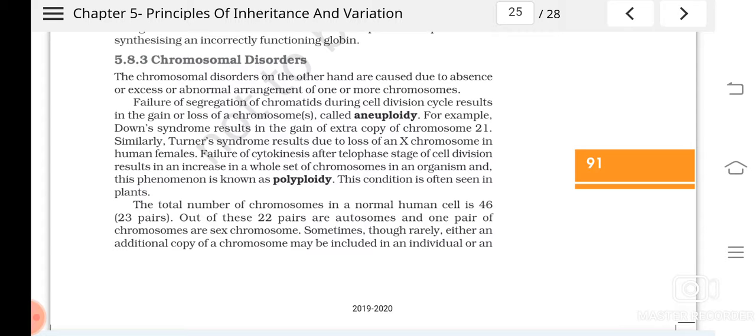Triploid means three sets of chromosomes will be there, and in the normal condition we are diploid, isn't it? Polyploidy is more common in plants, and that is due to the failure of cytokinesis after the telophase stage. Aneuploidy is caused mainly due to the failure of segregation of chromatids during cell division.